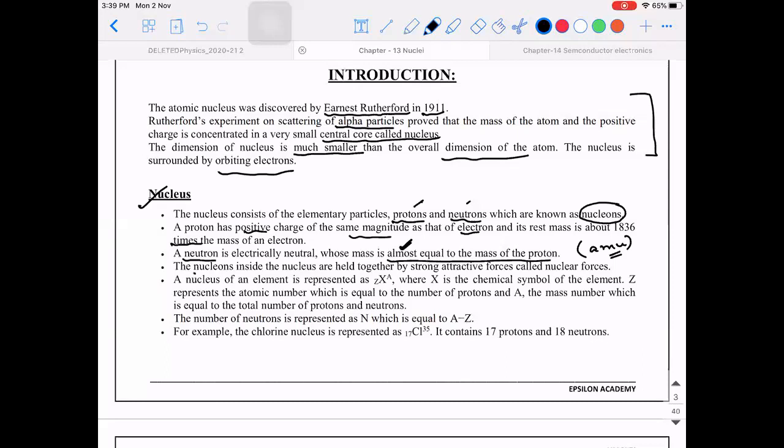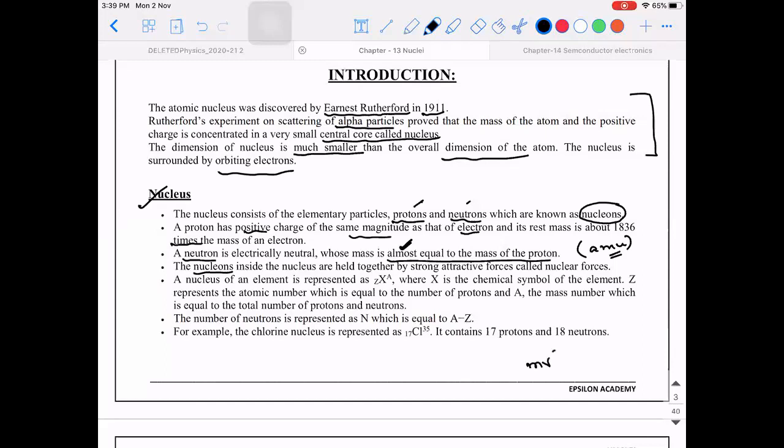Third, the nucleons inside the nucleus, how are the nucleons held inside? That's the question. If you talk about the electron and the nucleus, how are the electrons bound to the nucleus? What is the force that is holding them? Centripetal force. And that centripetal force is provided by which force?